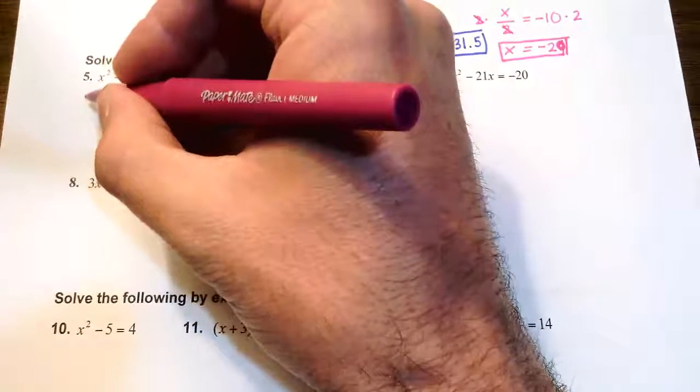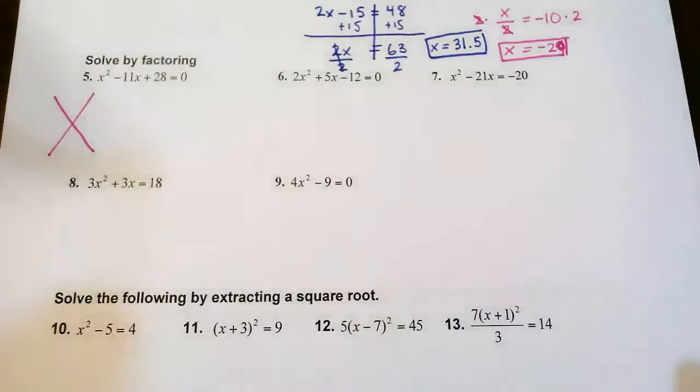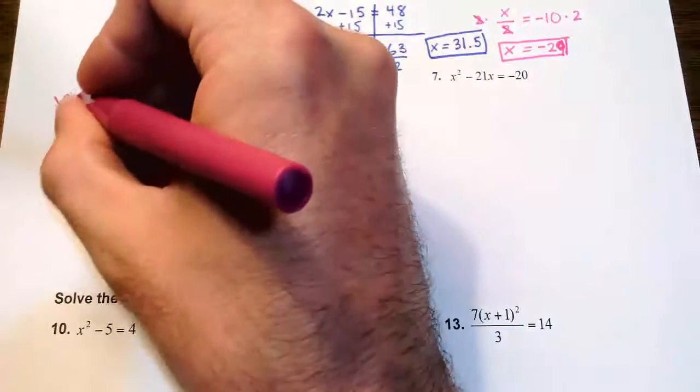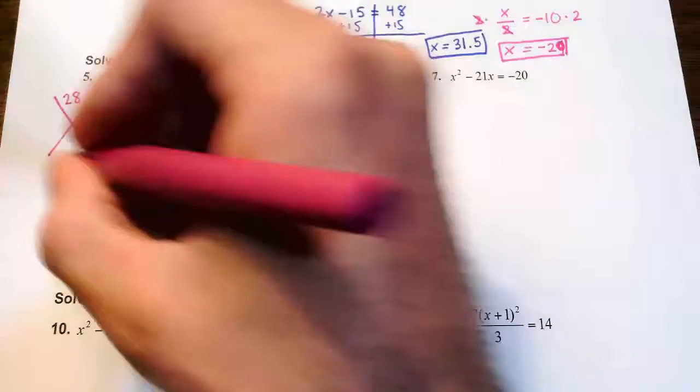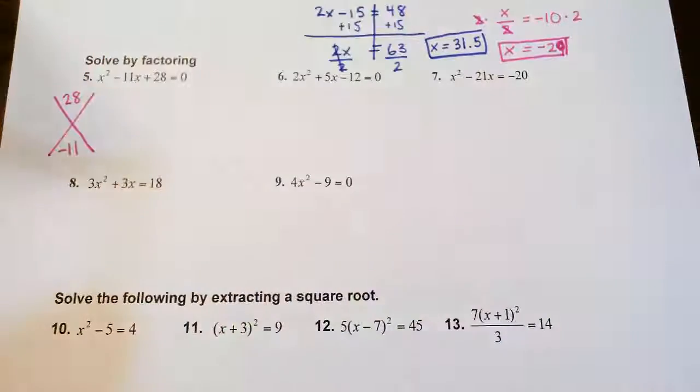All right, I like to set up what is called an X or a diamond problem. I'm going to be figuring out 2 numbers that multiply to be 28 and add to be negative 11. Those are going to be keys for us to factor. So in this case, 2 numbers that multiply to 28, a couple options: 1 times 28, 2 times 14, 4 times 11.